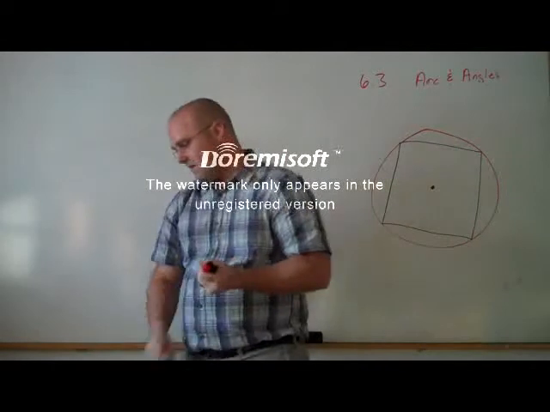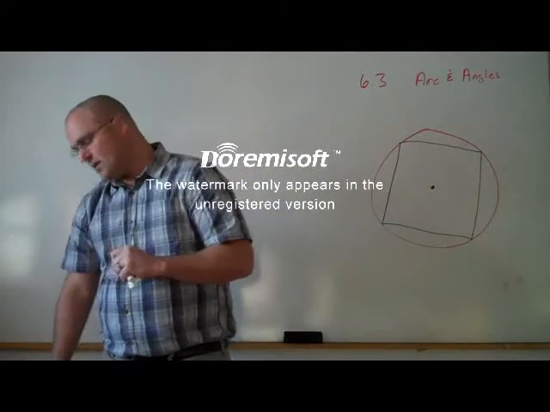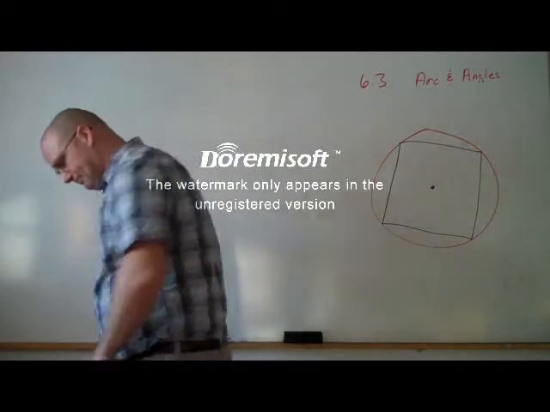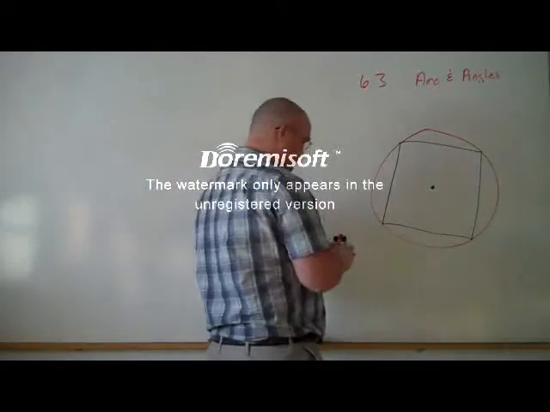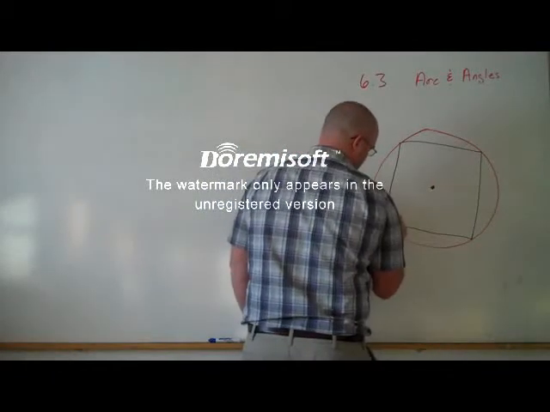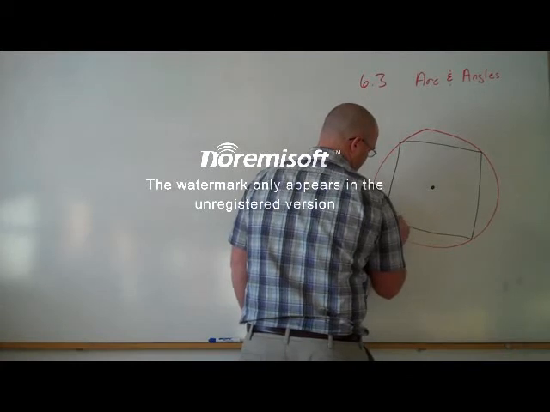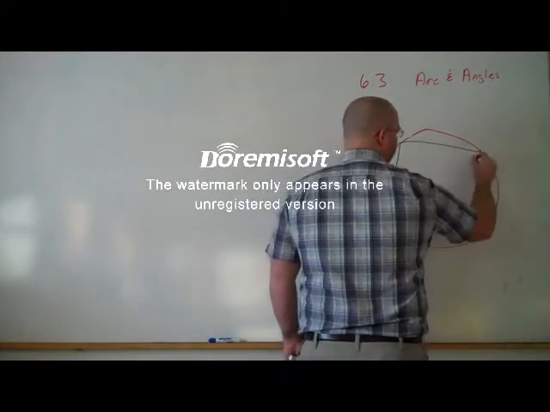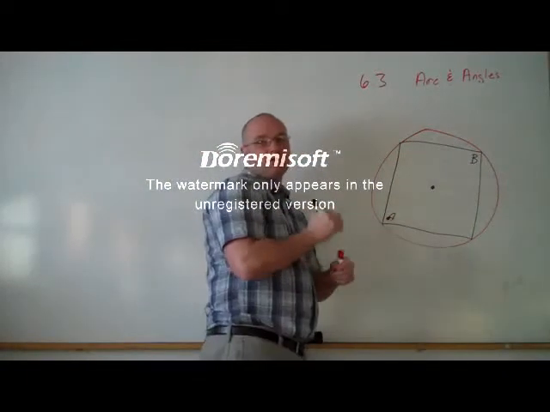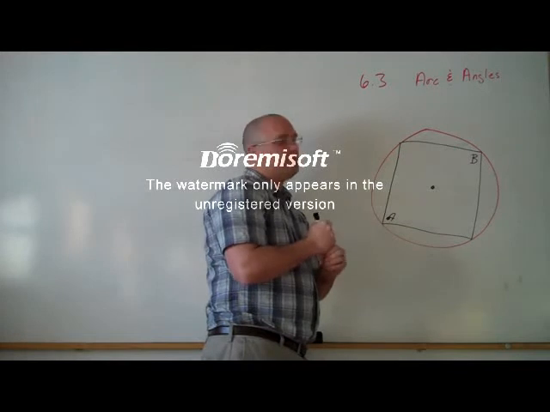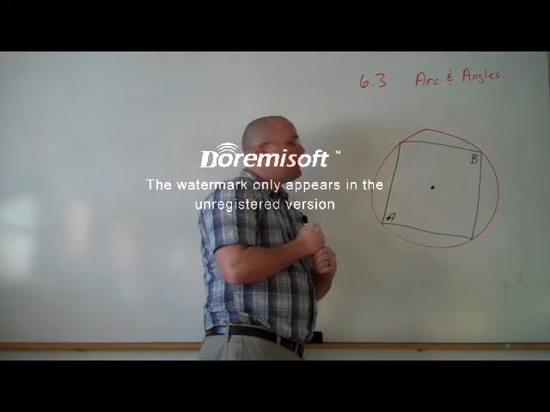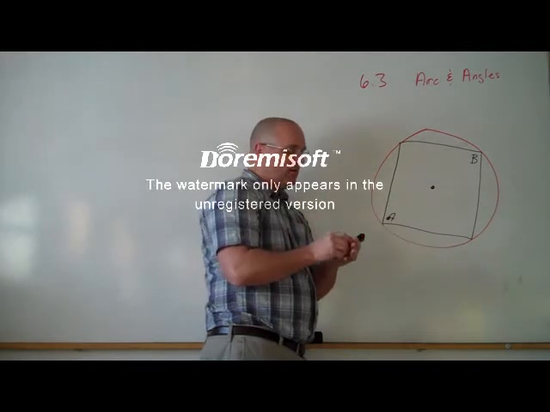Okay, so this is the cyclic quadrilateral conjecture. All this means is when you have a four-sided polygon inscribed in a circle, the opposite angles are supplementary.